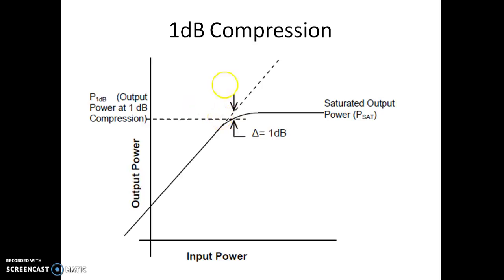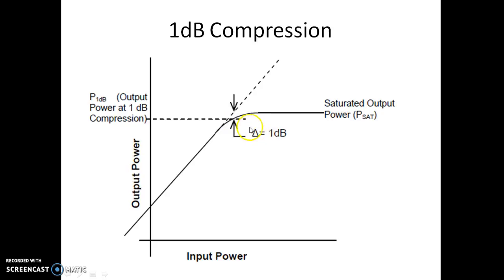Now you can see this 1 dB compression, as the name itself indicates. If the ideal amplifier had been there, we would have had a power here, but actually we have this power. How much is the difference between the ideal power and the actual power? It is 1 dB.